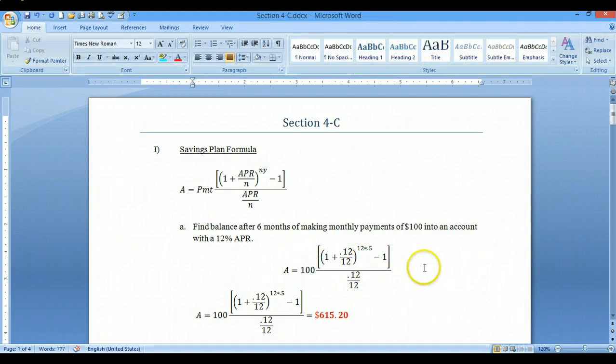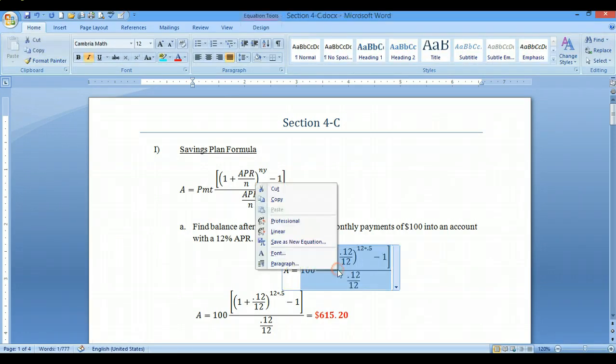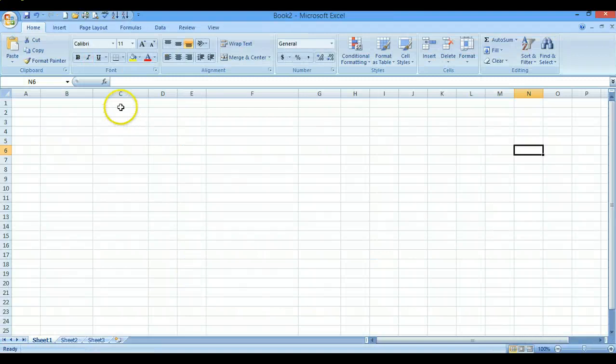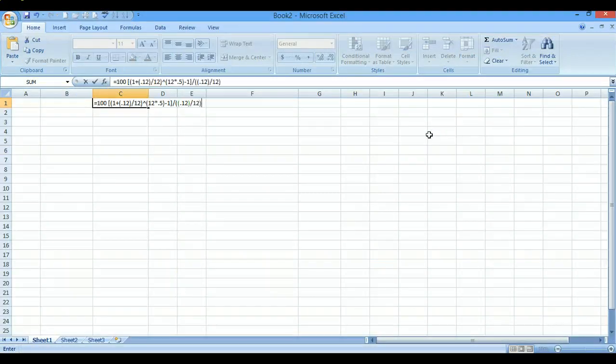All right, now I can either type that all into my calculator or, showing you the fast way, copy and paste, bring it into an Excel spreadsheet, Control V, and remember, if you want it to work like a calculator, you need to preface it with an equal sign.